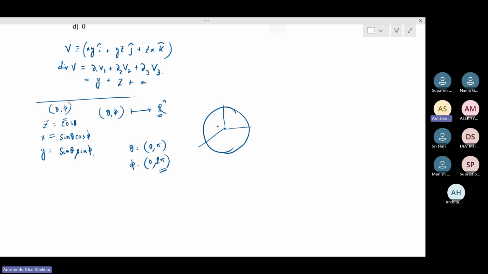Essentially what you're doing is eliminating a set of measure 0 from this sphere S2. And by doing that, you then have a mapping of the sphere into this rectangle, which is 0 comma pi and 0 comma 2 pi.